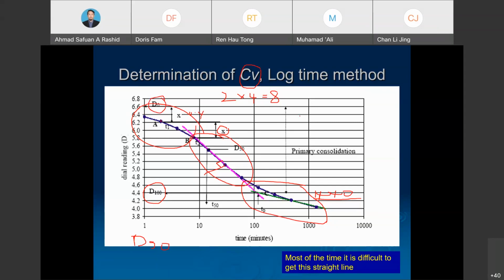Faham? Kalau awak nak gunakan 8 pun boleh. Tapi pastikan awak nak guna 4. For example, 4. So 4 times 4 is 16. So then you need to draw the same procedure.